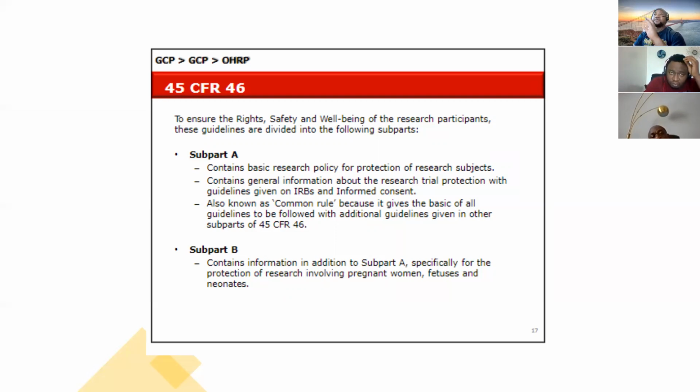Now it has different subparts. We have subpart A and subpart B. Subpart A mainly talks about the policy for the protection, while subpart B, in addition to subpart A, specifically talks about special populations, which involve pregnant women, fetuses, neonates, and other special populations such as children and prisoners.